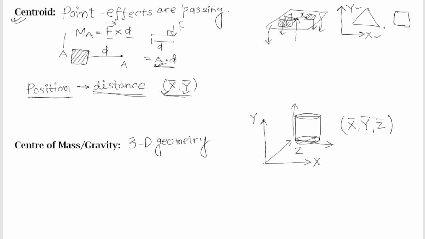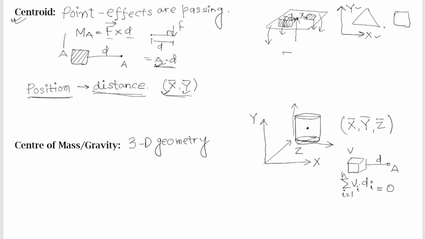Now since we are dealing with volume, the definition will be modified: it is a point about which the sum of the moment of the volumes is 0. The same definition we have applied here. Now I'm going to show you. I have a volume, I take a small volume which is placed at a distance d from any point A. So the moment of the volume will be V into d, and it says that the sum of the moment of all the volumes and all the distances, starting from 1 to n, is going to be 0.